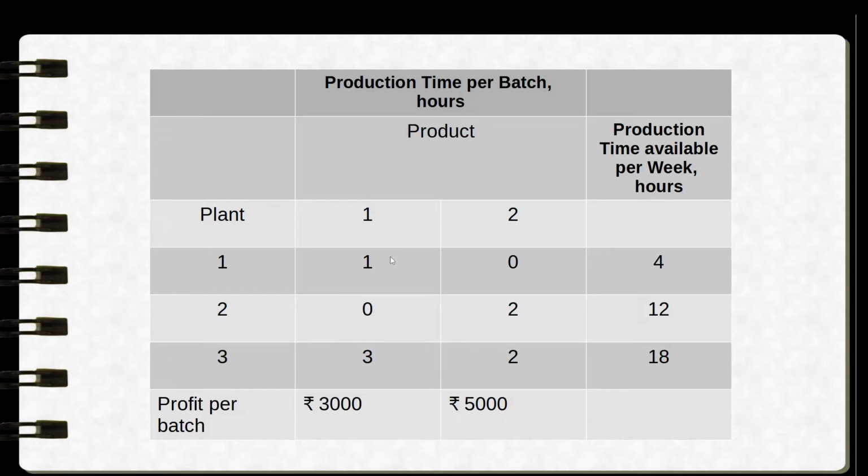These aluminum frames are ultimately sent to plant number 3, where they are used in making a batch of aluminum frame windows. The obvious fact here is that in 4 hours of slack time, the maximum number of batches of aluminum frames that can be produced in a week is 4 divided by 1. That is, at maximum we can produce 4 batches of aluminum frames.